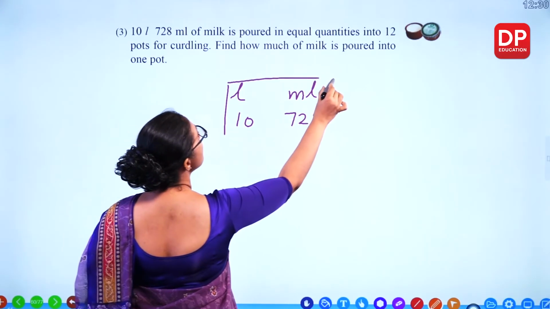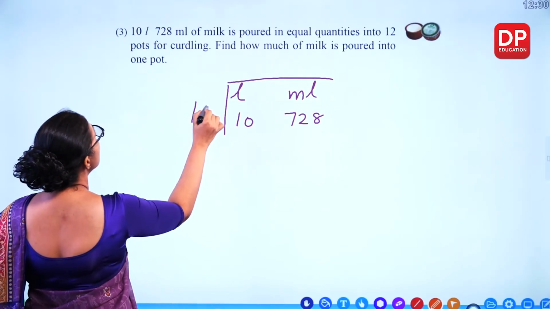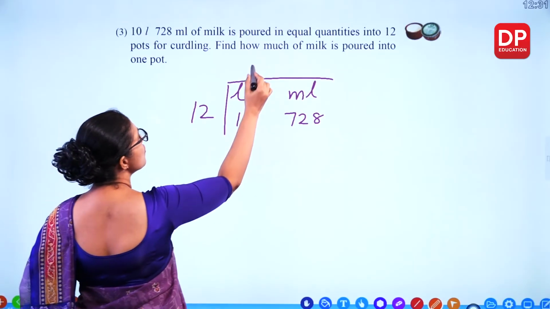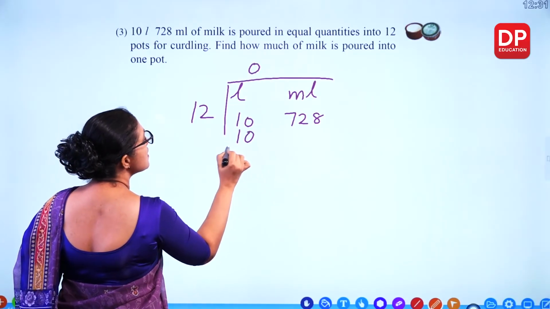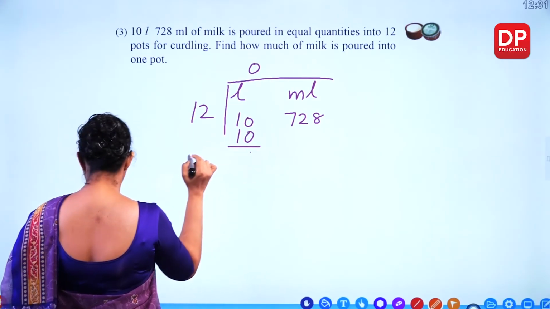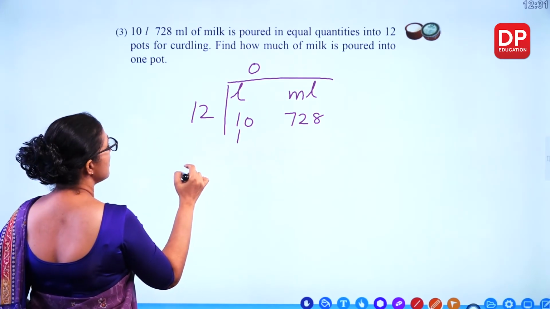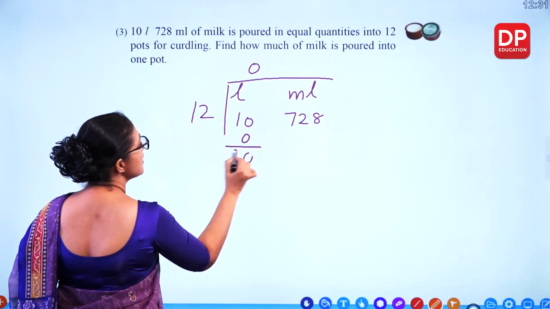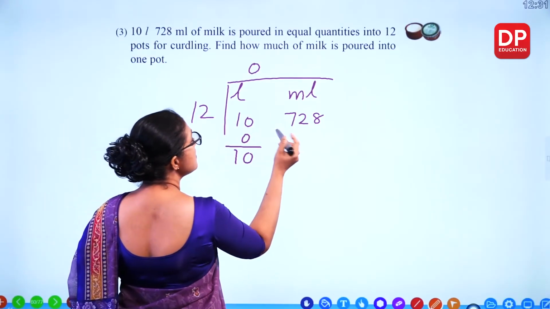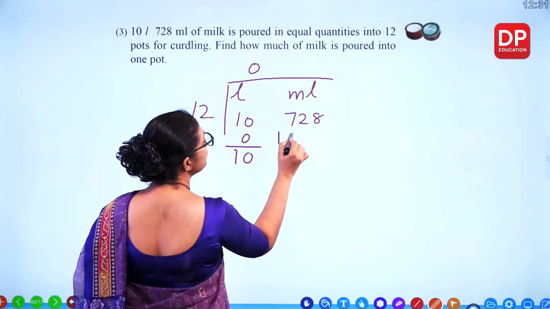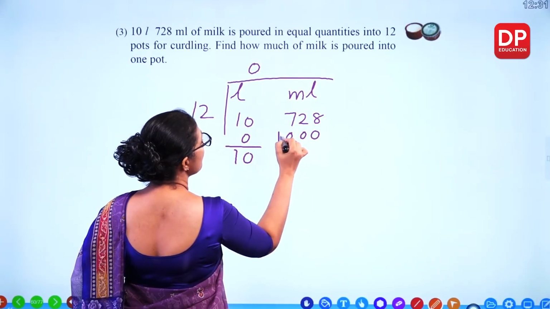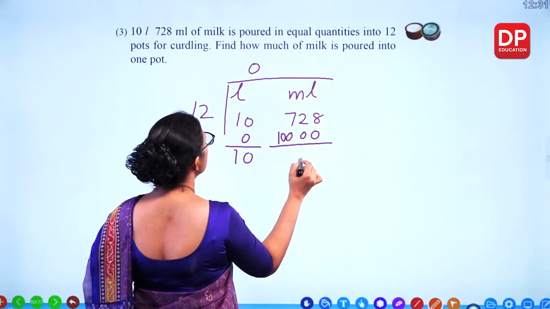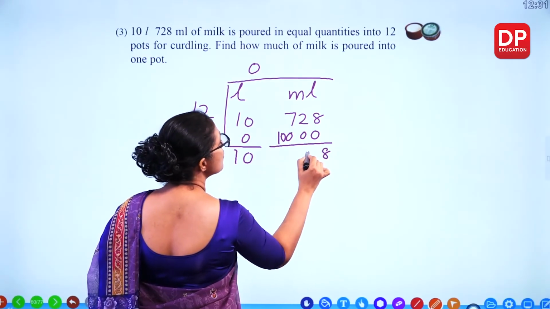Divide equally by 12. So can you divide this? No. So this is 0, so you get 10 here. 10 liters means 10,000. You need to put another 0. So when you add it, what do you get? 27.